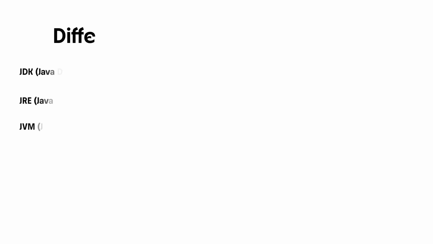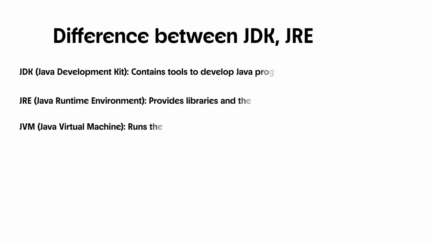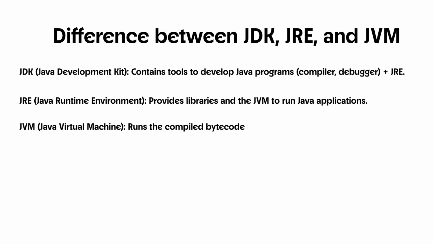The JDK, Java Development Kit, JRE, Java Runtime Environment, and JVM, Java Virtual Machine, are three parts of the Java platform that work together. The JDK is what developers use to write and compile Java programs. It includes tools like the compiler, debugger, and the JRE.